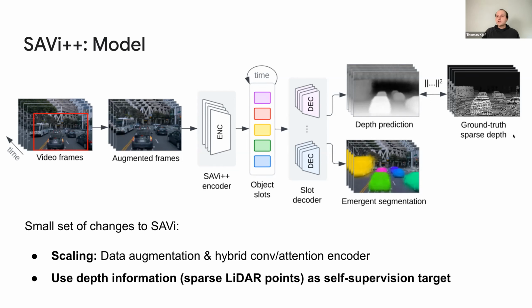So the ground truth is the sparse depth signal, and we only apply the loss in all the points where we have a measured depth signal and ignore all the other points. Using that simple setup, we get emergent segmentation and tracking in these datasets. And of course, we can also use conditioning here, for example, using bounding boxes to break some of these ambiguities and to tell the model which exact objects to track.